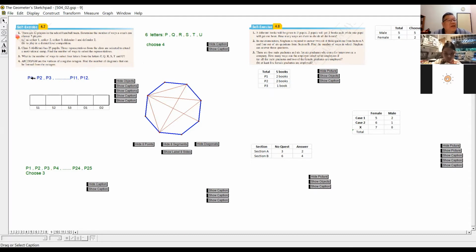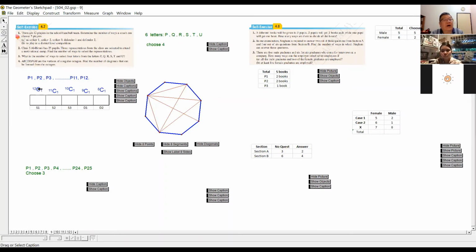So to specify them, these 12 players, I call them player one, player two, player three until player 12. Which of these players is going to hold the striker one place? Which one is going to hold the striker two place? So how am I going to do it? I say that there are 12 people here. I want to choose one of them to be the striker one.